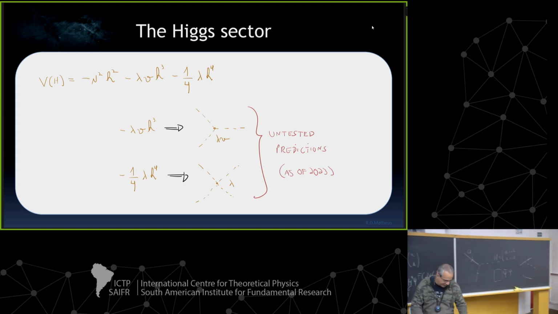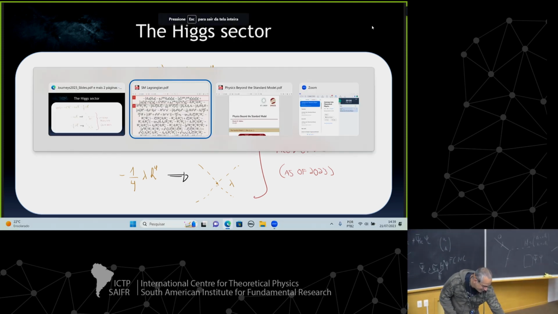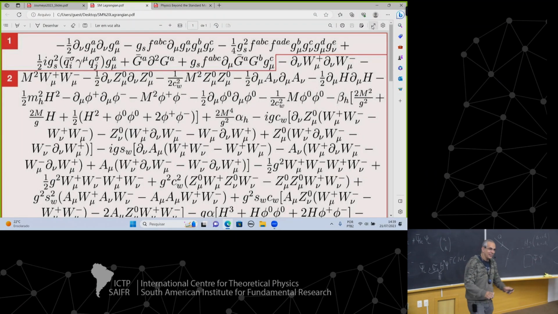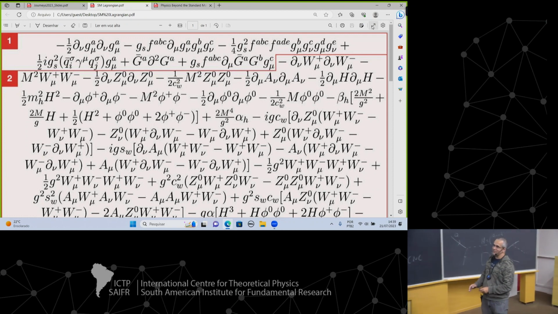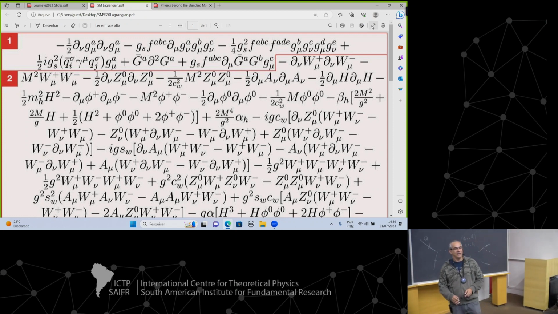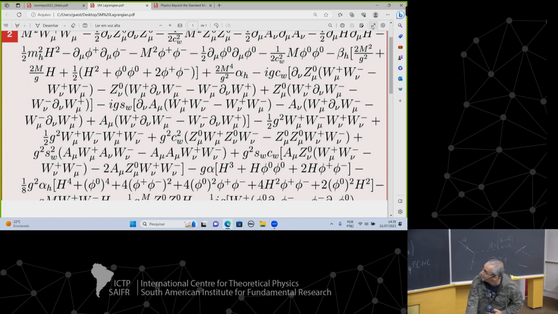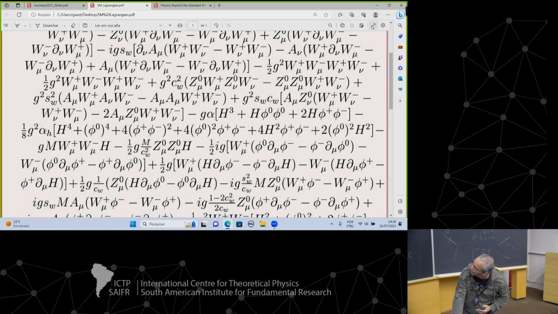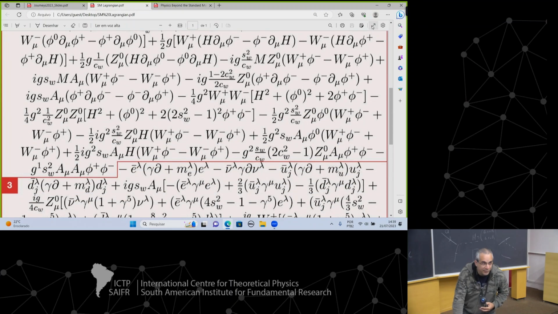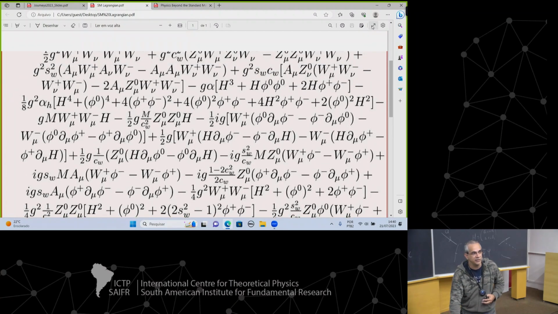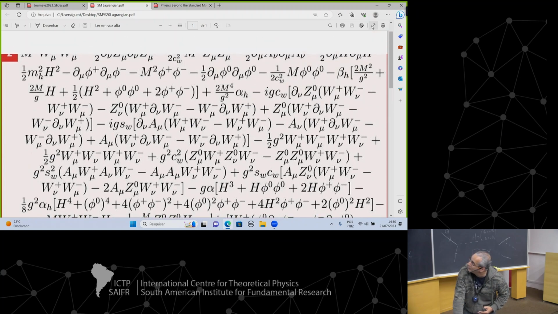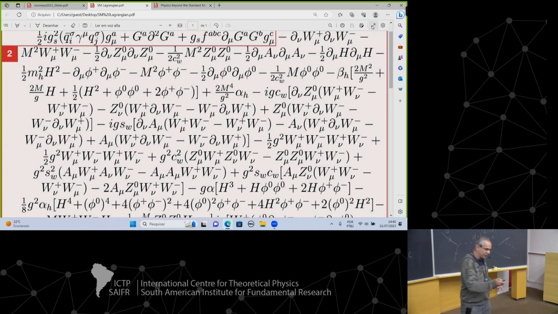I can show you straight out all of them. Let me. So this is the full Lagrangian, right? So this part 2 that you see there, this block 2 that goes up to here, is what comes when you substitute the Higgs in that part of the Lagrangian that gives the masses of the W's and the Z's.